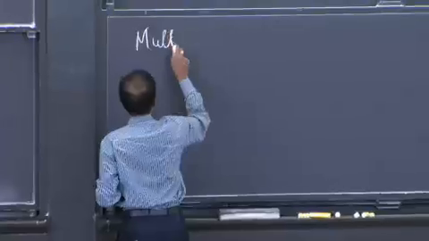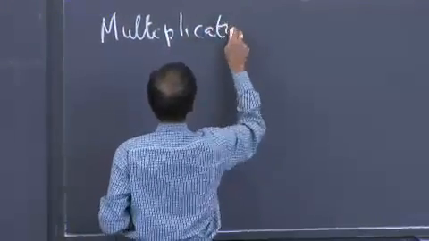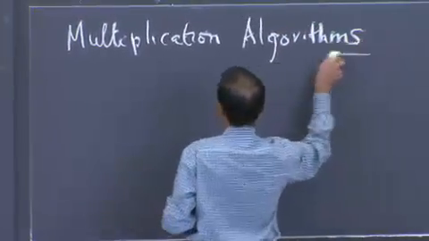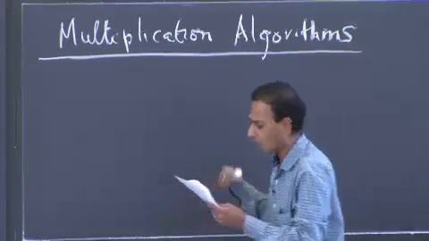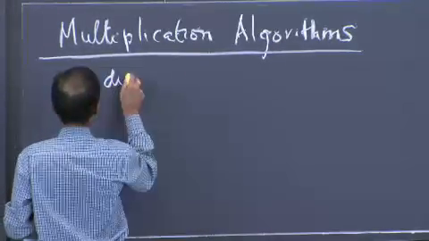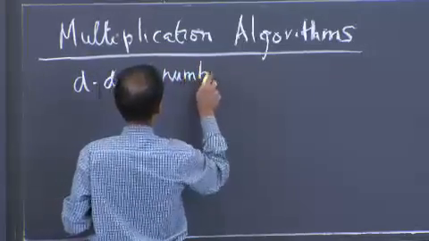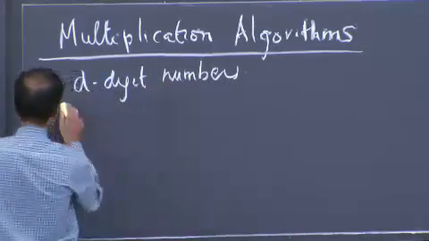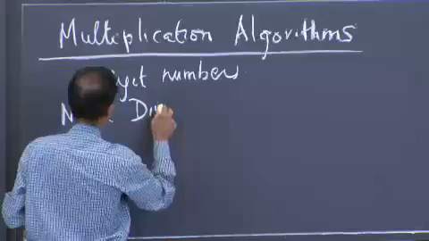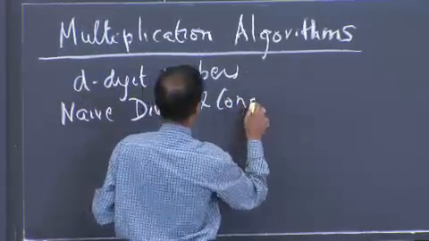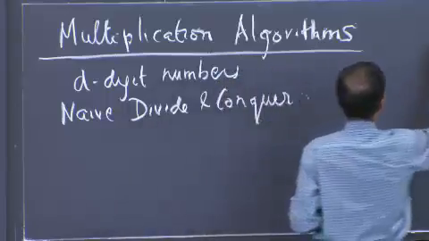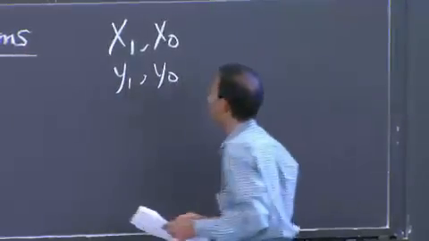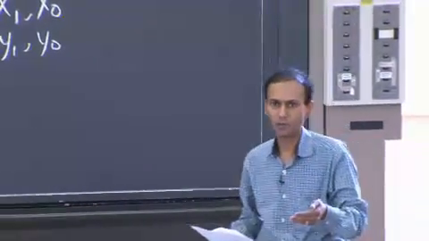We have multiplication algorithms, and we want to be able to multiply d-digit numbers. And the naive algorithm, you can imagine doing divide and conquer. So you take x1, x0, y1, y0, where x1 is the most significant half of x.